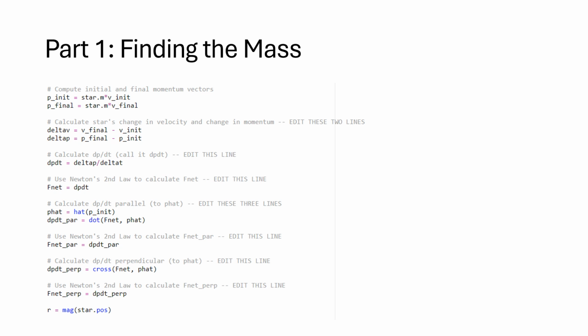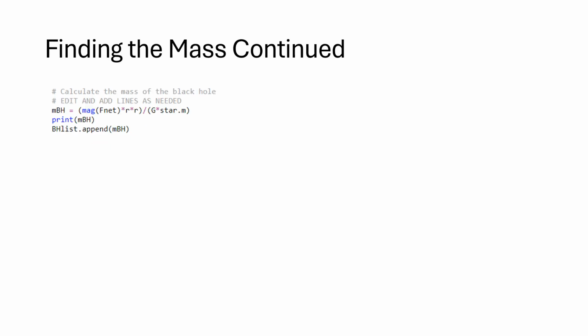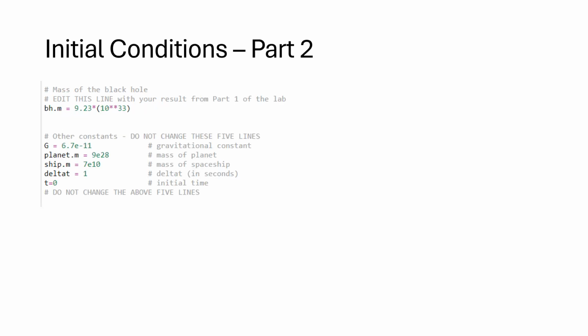And Fnet is dp/dt, so dp/dt parallel is the dot product of Fnet and p hat, and dp/dt perpendicular is the cross product of those, and so you get Fnet parallel and Fnet perpendicular, and therefore you get the mass of the black hole. In my case, with my seed, it ends up being 9.23 times 10 to the power of 33, which feeds into the initial condition for part 2.